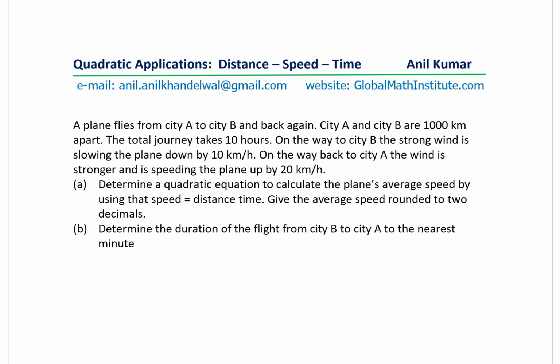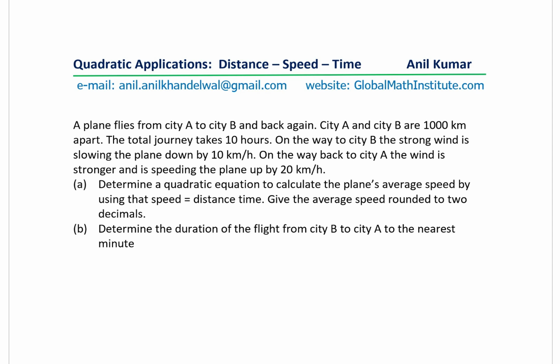On the way back to city A, the wind is stronger and is speeding the plane up by 20 kilometers per hour. Determine a quadratic equation to calculate the plane's average speed by using speed equals distance over time, product of distance and time. Give the average speed rounded to 2 decimals. Determine the duration of flight from city B to city A to the nearest minute.